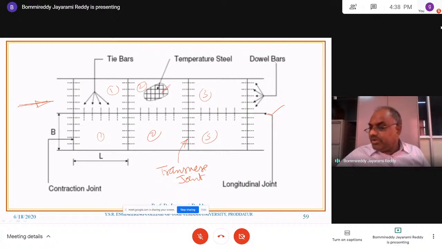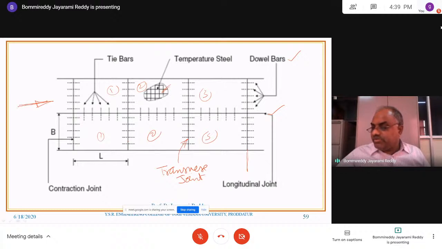You can look at dowel bars. Dowel bars will be provided across the cross section. This is the cross section or transverse section. For the transverse section, the bars that are provided in between the two panels are called the dowel bars. You can look at the diameter. The length of the dowel bar is parallel to the direction of the traffic, or otherwise the bars are provided in the same direction as that of the longitudinal section.